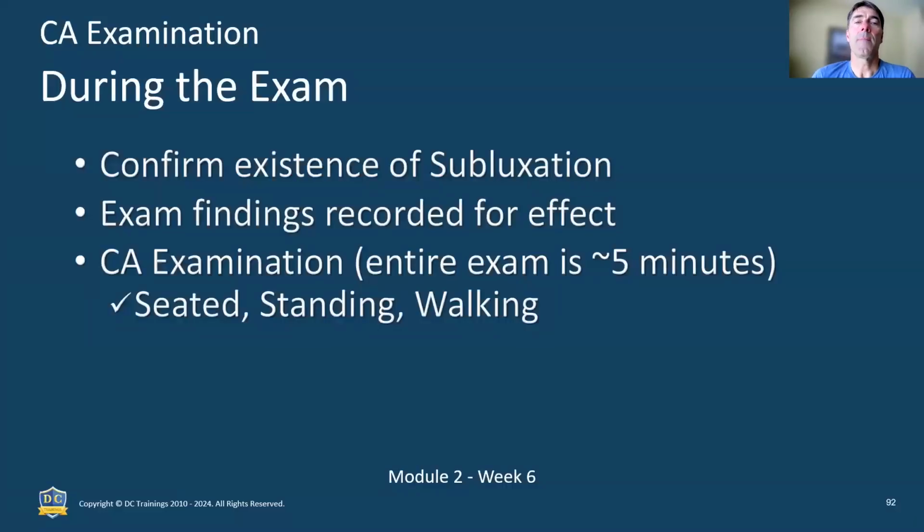And then once those tests are gathered, the results have to be analyzed by the doctor. So it's great because a CA can participate in these tests, gather the information, and then from there, the doctor is going to evaluate that and determine what course of care needs to come from it. So in this process, my exam is about 5 minutes. Now, again, based on the test that you want or the patient's individual condition, yours might be longer, it might be shorter, but that's just an example of the ones that can be used by a CA.